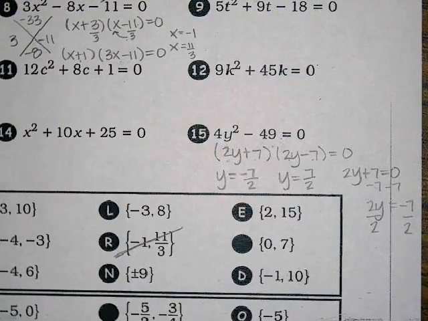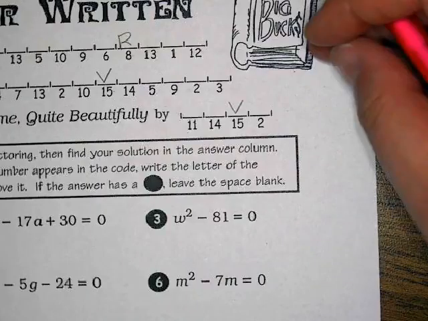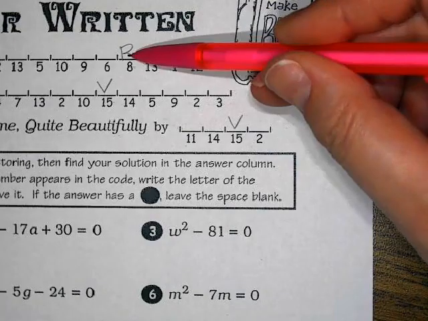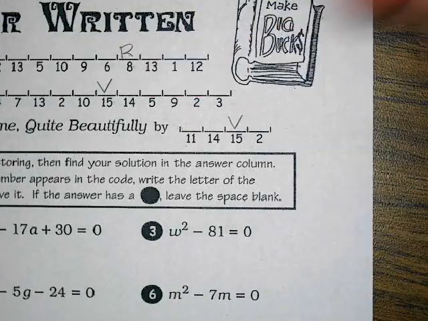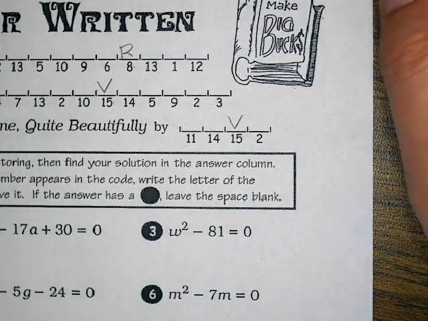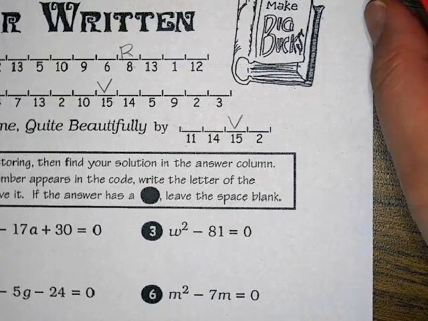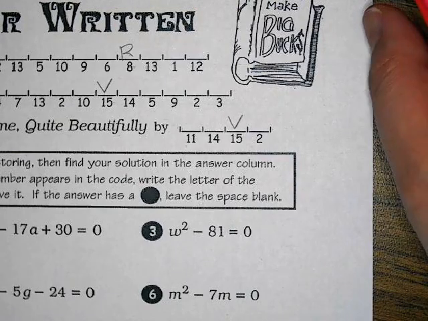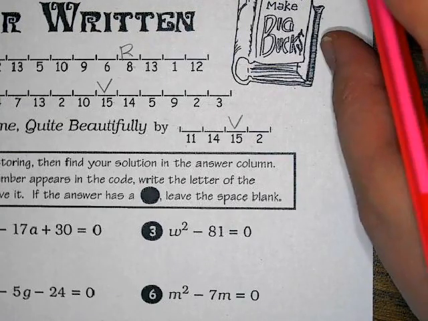So in space 8, we have an R. In space 15, we have a V. I don't know what it says yet.